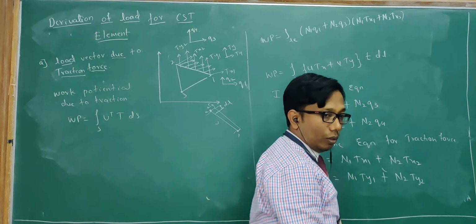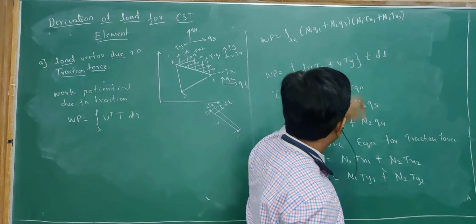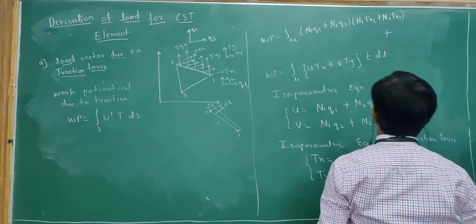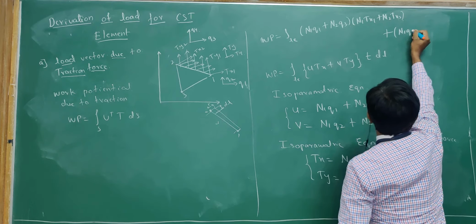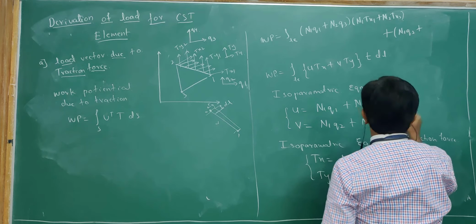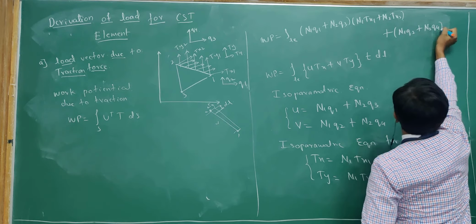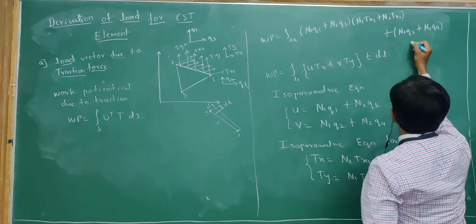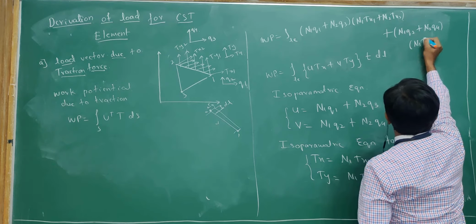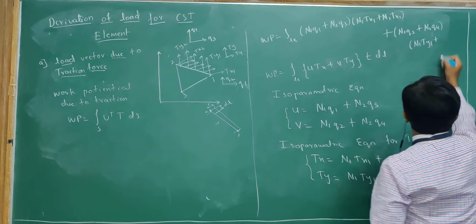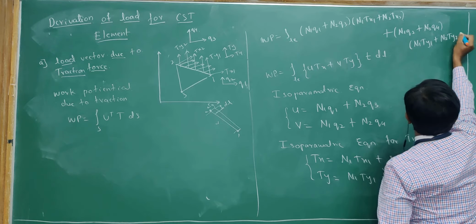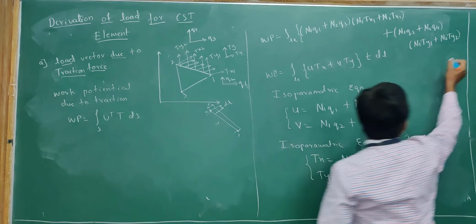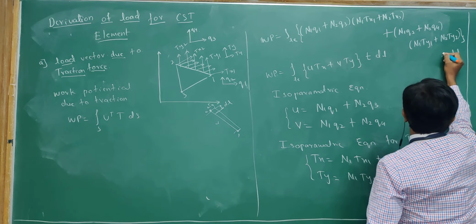Similarly, we have to write the v parameter here, plus v, which is n1 q2 plus n2 q4, multiplied with the y force parameters, n1 Ty1 plus n2 Ty2, all into t dl.